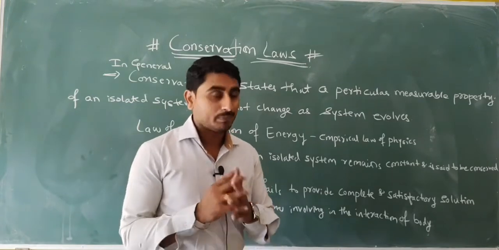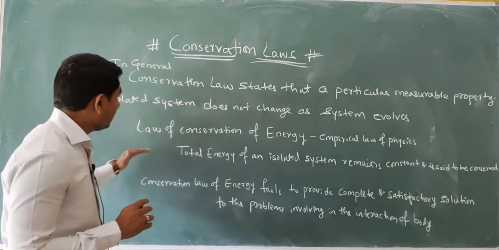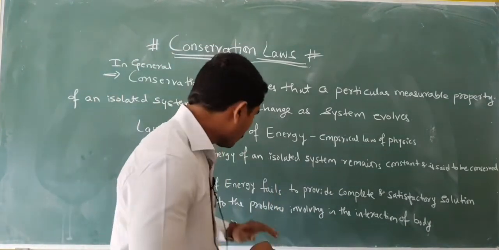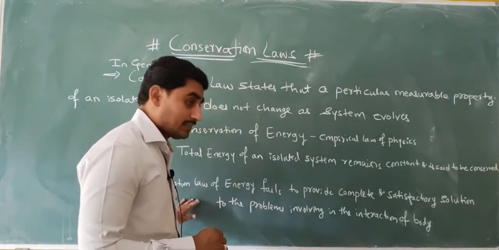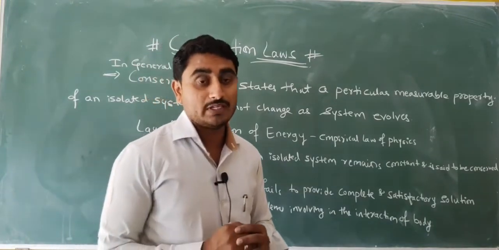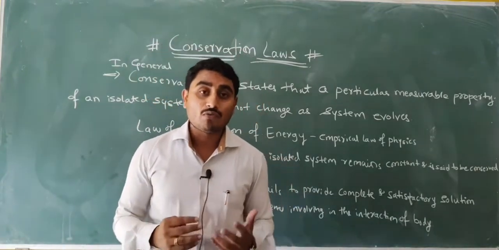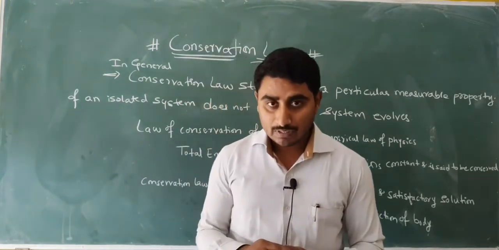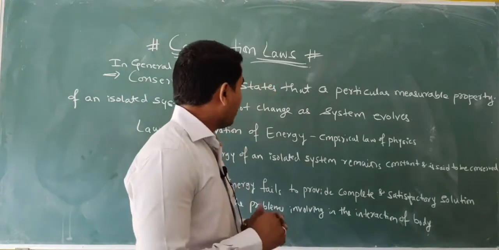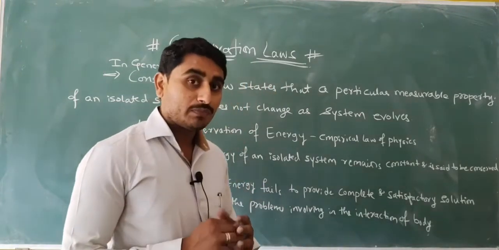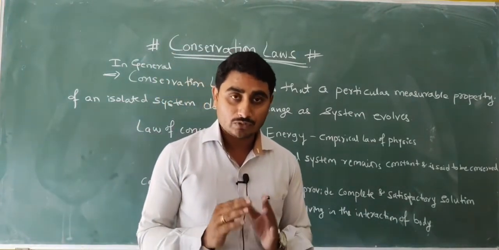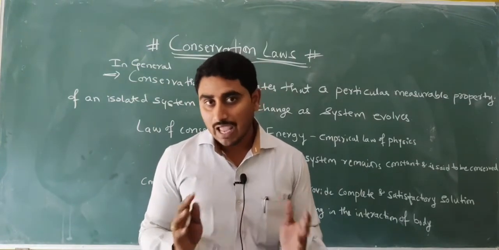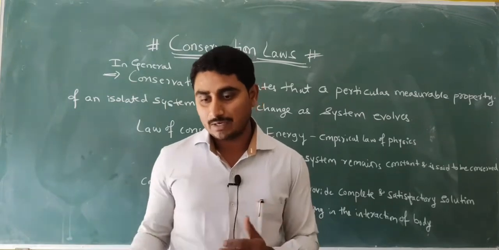Then how do we solve these problems? By using the law of conservation of linear momentum and the law of conservation of angular momentum. As per your syllabus, this unit includes the law of conservation of linear momentum and the law of conservation of angular momentum. The remaining topics we will discuss later.